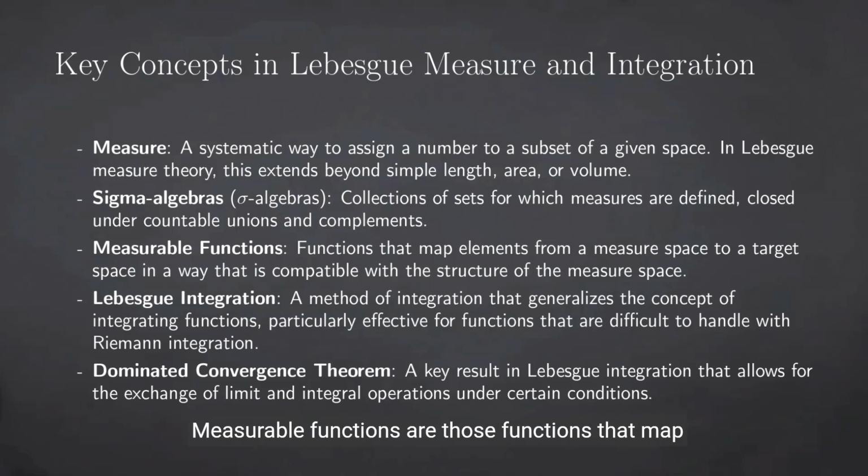Measurable functions are those functions that map elements from a measure space to a target space in a way that respects the structure of the measure space. Lebesgue integration is a method of integration that generalizes the concept of integrating functions, particularly effective for functions difficult to handle with traditional Riemann integration. The dominated convergence theorem is a key result in Lebesgue integration, allowing for the exchange of limit and integral operations under specific conditions.